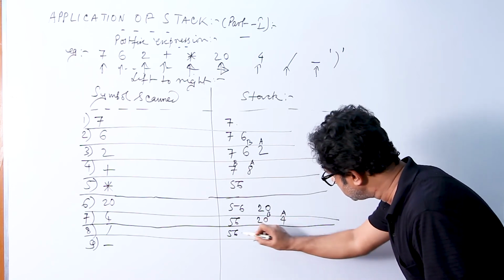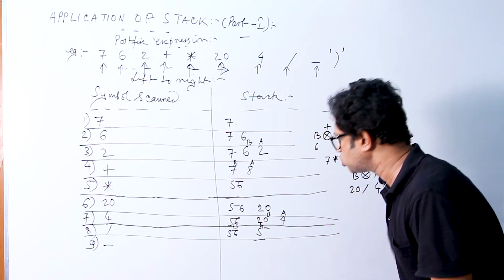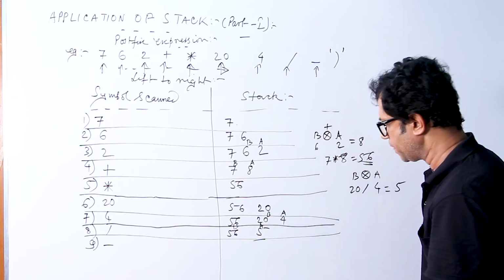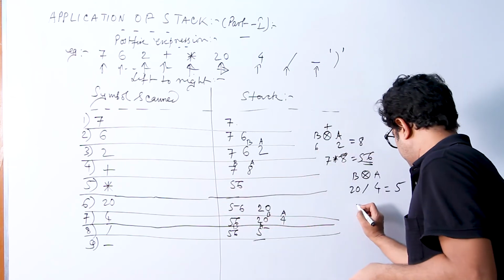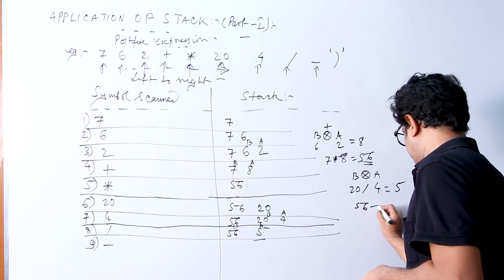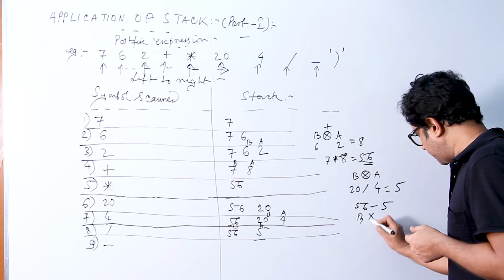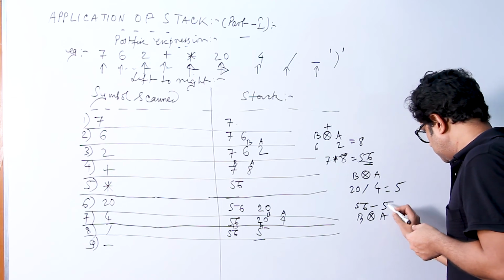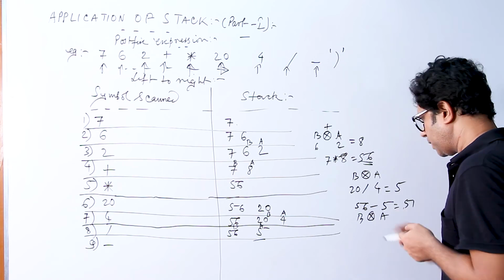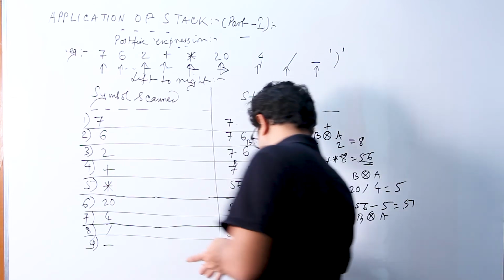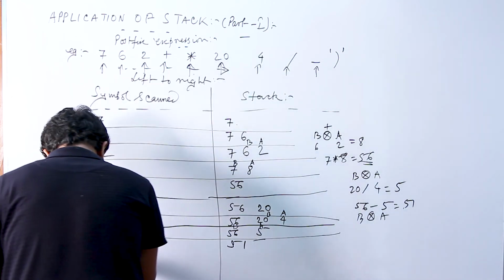So this 5 is A, and 56 is the next to top element, that is B, and now we will perform the subtraction operation by writing 56 minus 5, that is B operator A. So this will give us the result 51. Push the result back to the stack, 51.